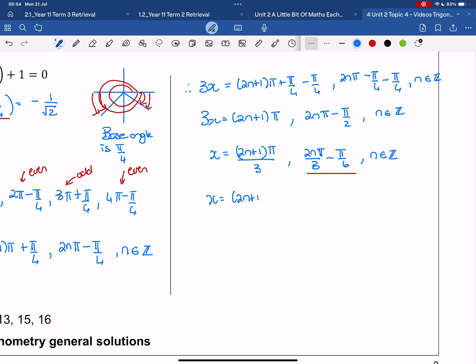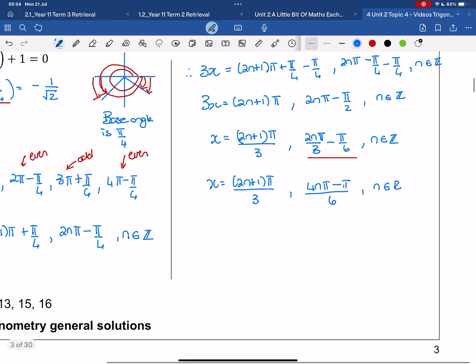So 2n plus 1 pi over 3, and this one can go over 6, so it becomes 4n pi minus pi over 6, where n is an integer, and I can tidy that up a little bit more as well, because I can factorize out a common pi. So 2n plus 1 pi over 3 and 4n minus 1 pi over 6.